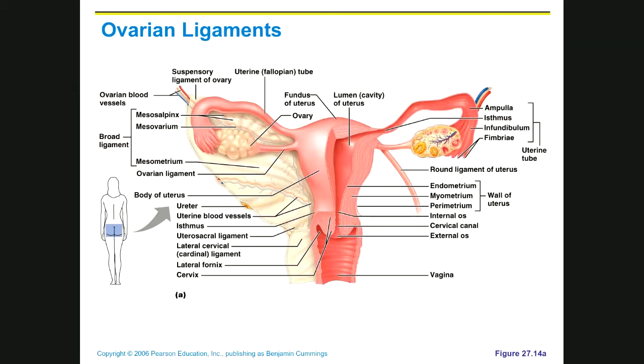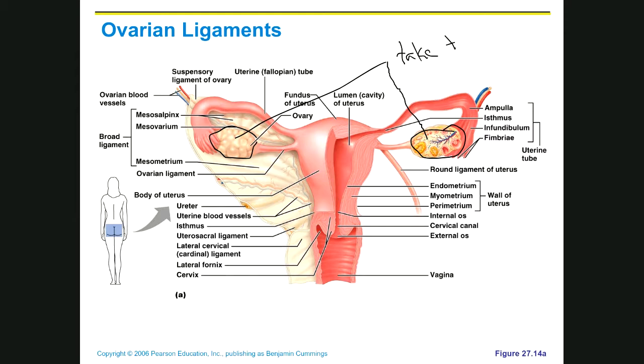So here's an ovary, and here's an ovary over here. And they go through the cycle, but usually only one or the other goes through the cycle. They don't both go through a cycle at the same time. They sort of seem to take turns.